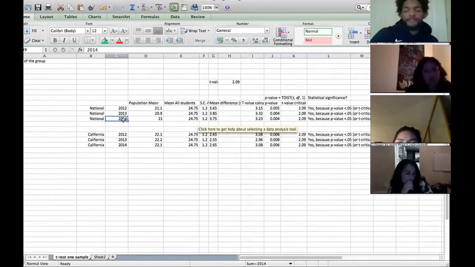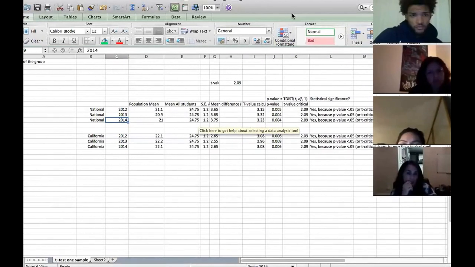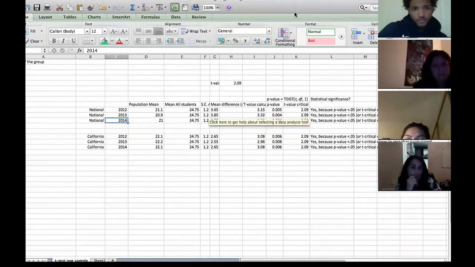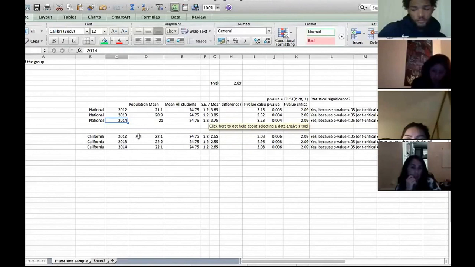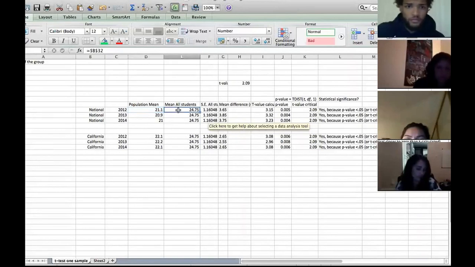If you want to practice the one sample t-test, I suggest you use these different numbers here, and that will help you practice the t-test. So here, in 2012, we had a population mean of 21.1, and our sample here is 24.75.